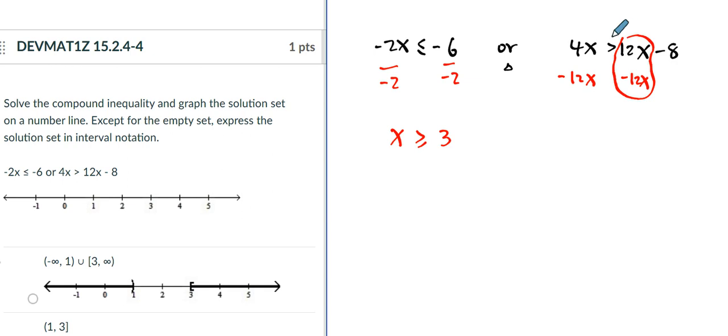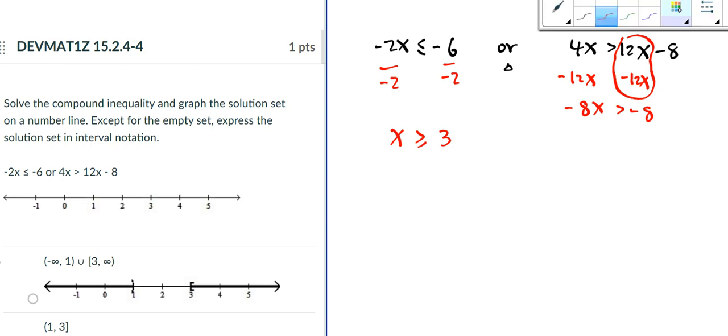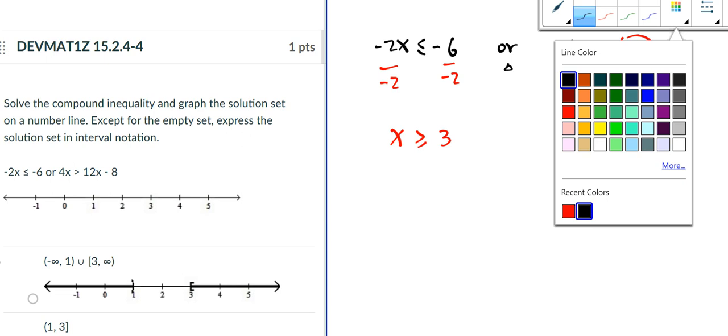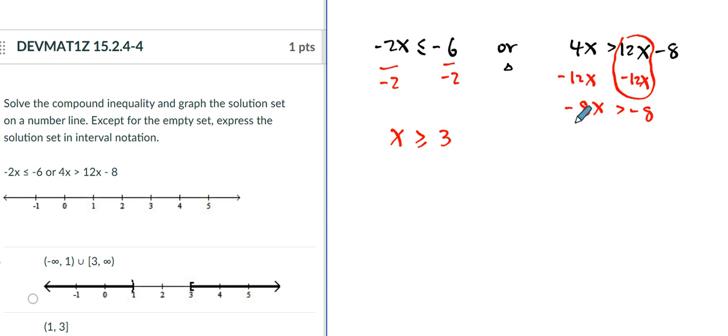Then 4x minus 12x is negative 8x greater than negative 8. Negative 8, not 18. Okay. Negative 8. And you divide both sides by negative 8.